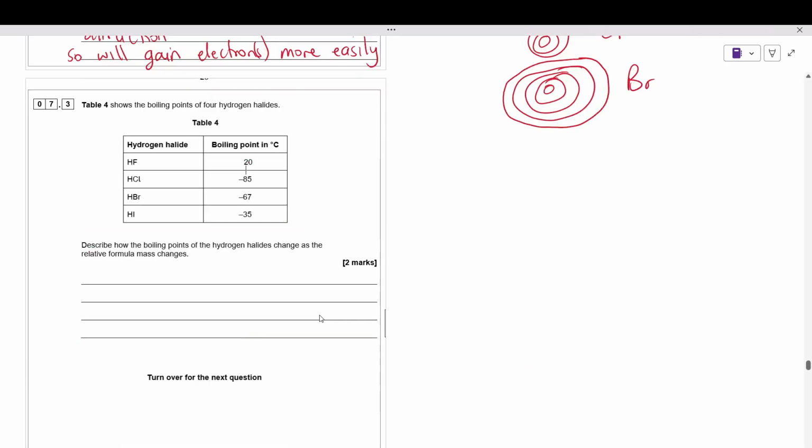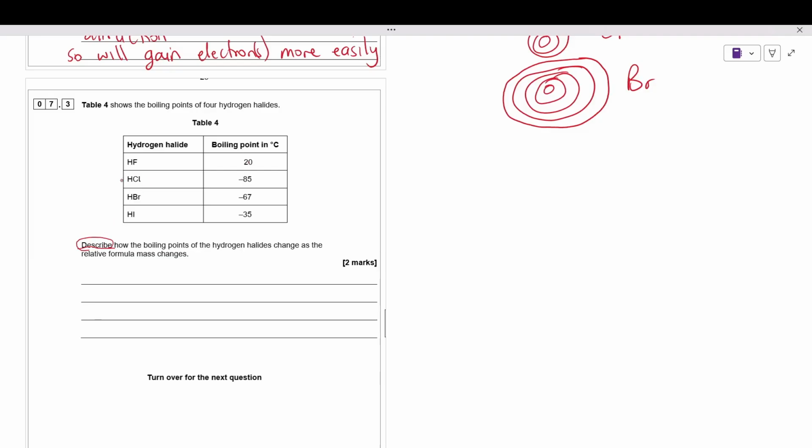Question 7.3 shows us a table of the boiling point for 4 hydrogen halides, and it's asking us to describe how the boiling point of the hydrogen halide changes as the relative formula masses changes. Now, this is a describe question, so we don't need to tell why it's happening. We just need to look at that general trend.